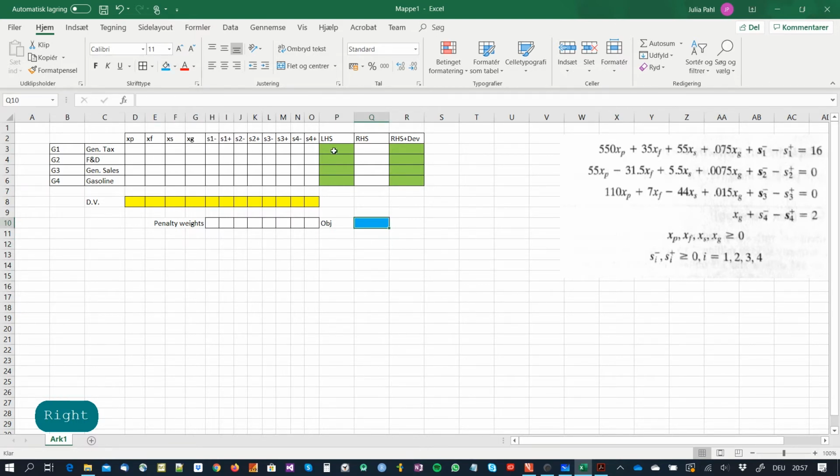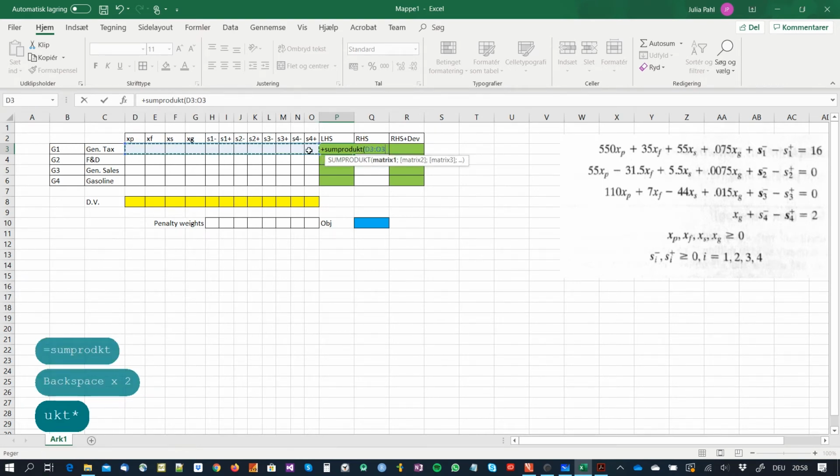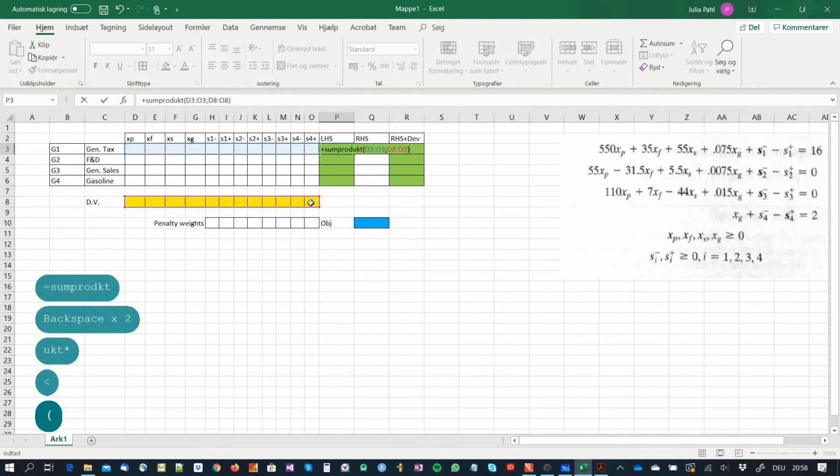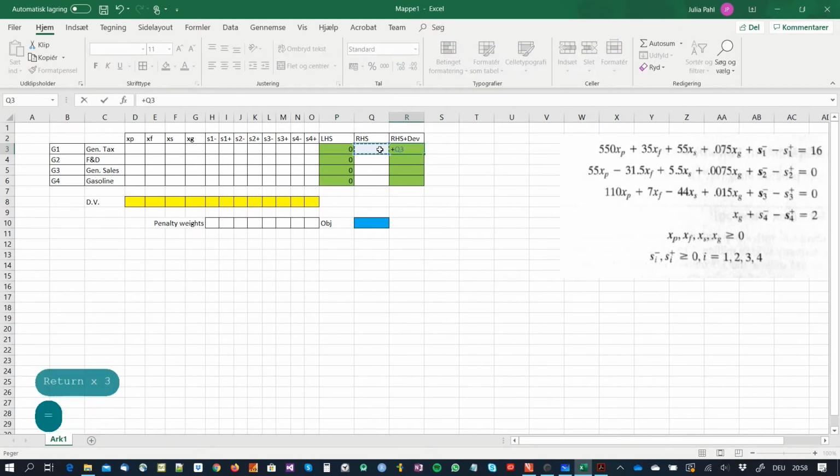And let's do these first. So the left-hand side is some product of the coefficients multiplied by the decision variables. So this was successful. And now we want the right-hand side plus our deviations.